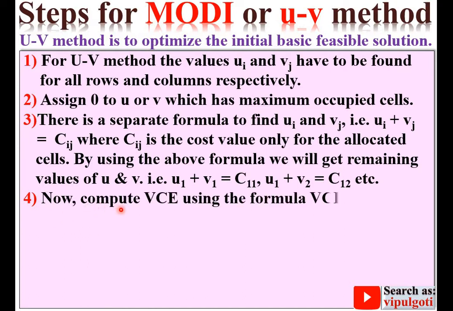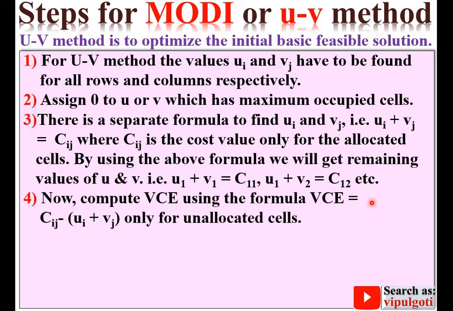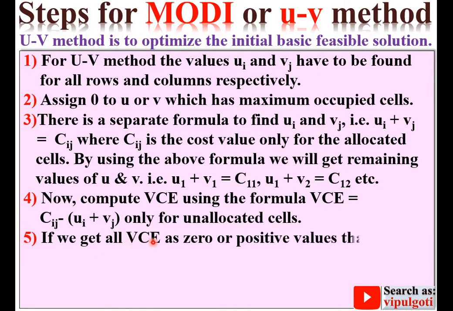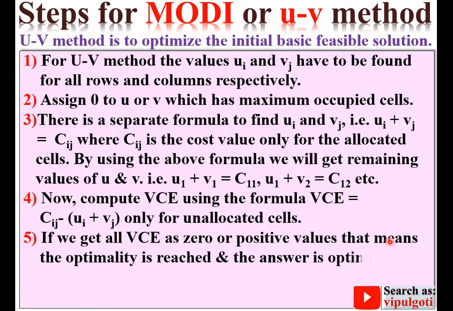Next, compute VCE, meaning vacant cell evaluation, using the formula VCE = Cij − (Ui + Vj), and that is only for unallocated cells. If we get all VCE as 0 or positive values, that means optimality is reached, and the answer is optimum.